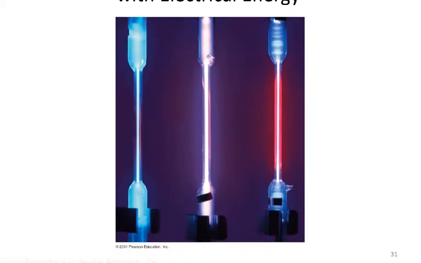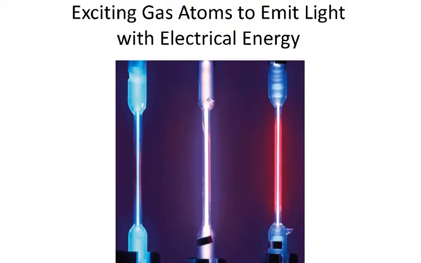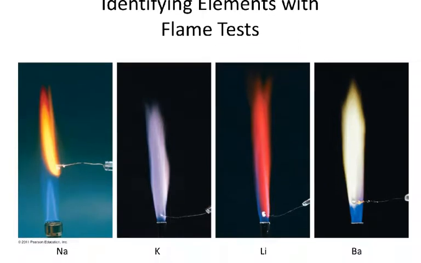Here are more examples. These are neon, technically only this one is neon. These are bulbs filled with noble gases, and if you add energy to them, they emit light. When they're excited with electrical energy, they emit light. And then here's the flame test.